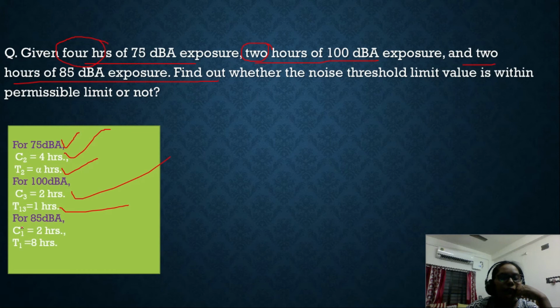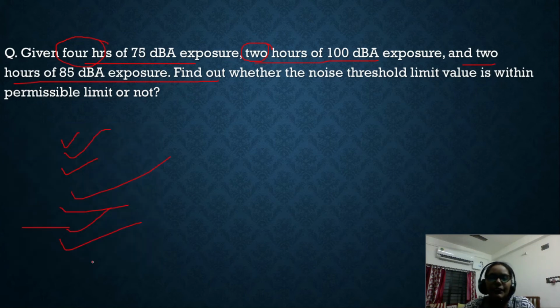For 85 decibel, the noise exposure level is 2 hours, and the permitted level is 8 hours.